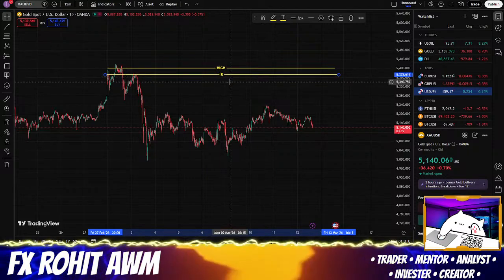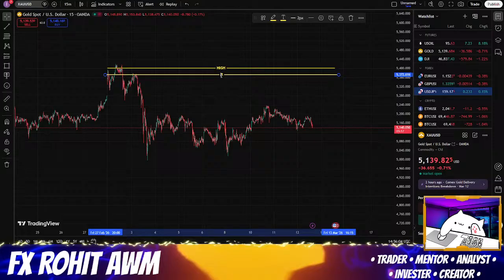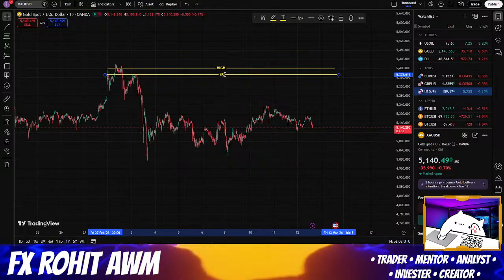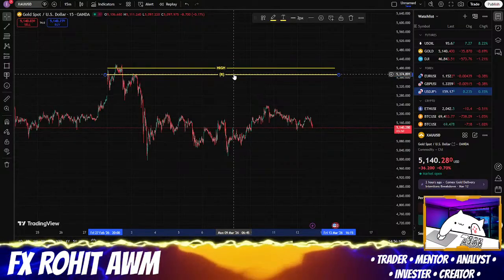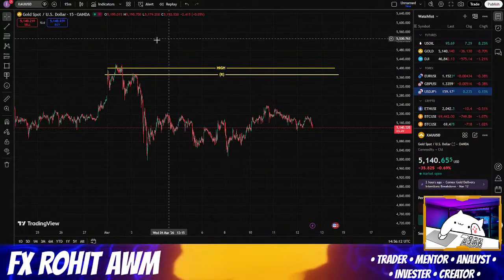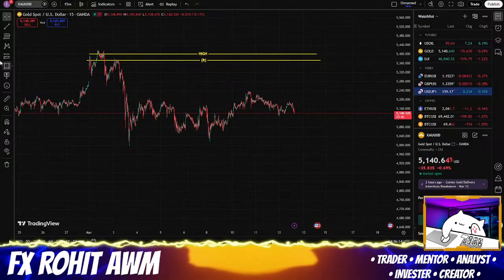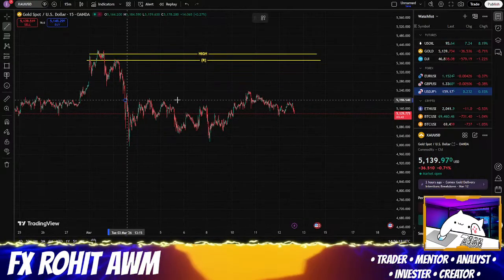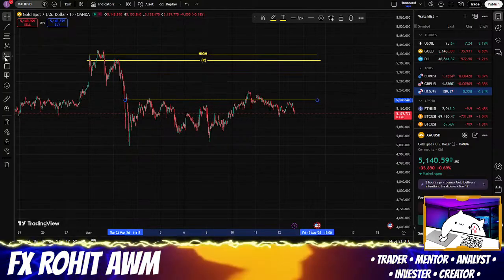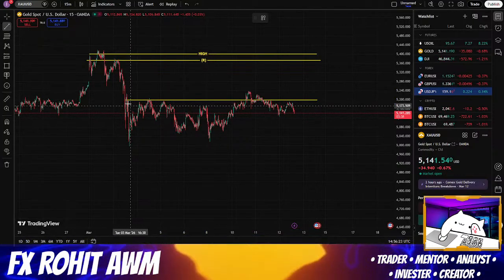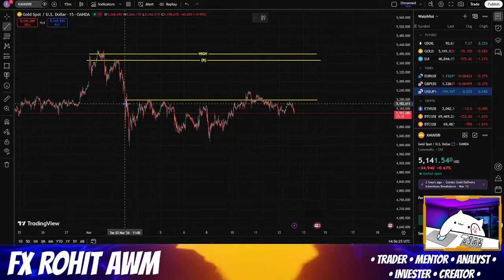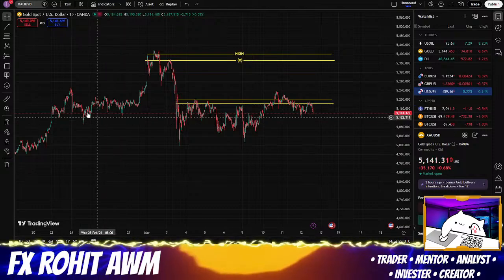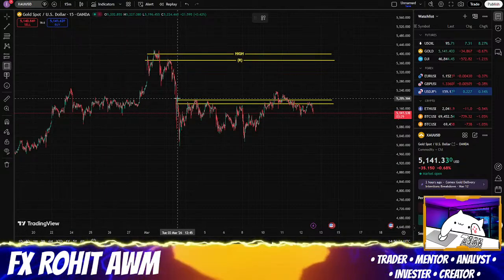And that's our resistance zone. So this is our minor sell zone.